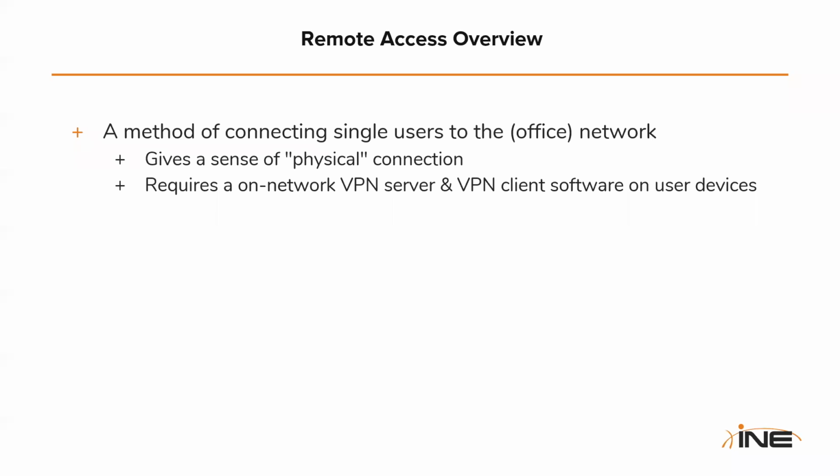And once they connect, they will get a sense of physical connectivity with the office, with the internal network. So this way, they will be able to access those different resources and applications you're hosting in your environment through this logical channel in a secure and scalable way.